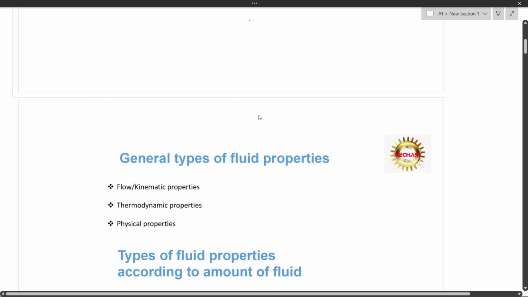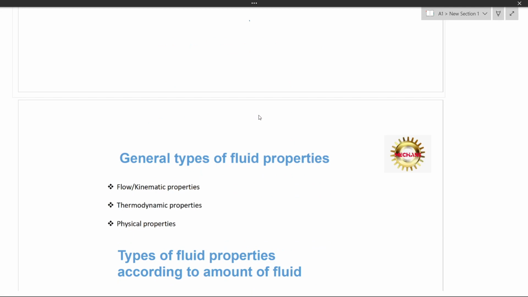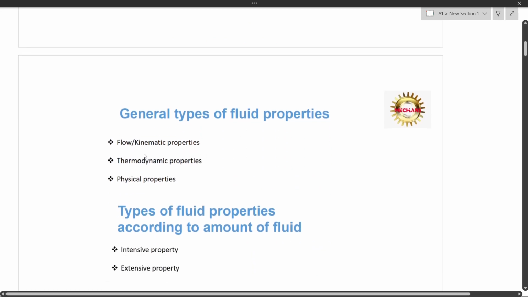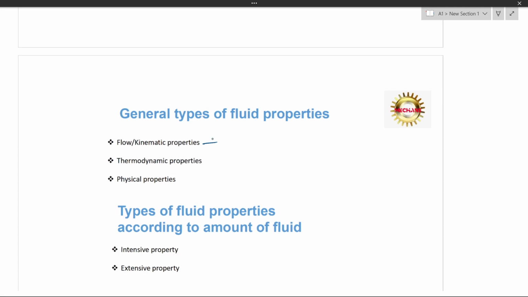In this video, we're going to learn about fluid properties. Fluid properties come under the category of kinematic properties, thermodynamic properties, and physical properties. Kinematic properties means that when a fluid flows, these properties are considered important ones, like acceleration and velocity.